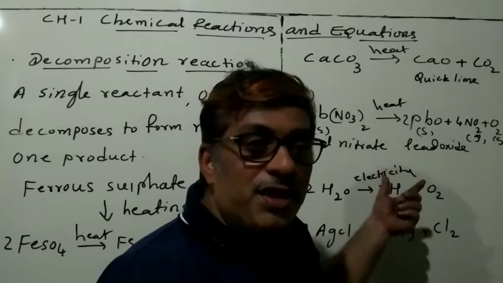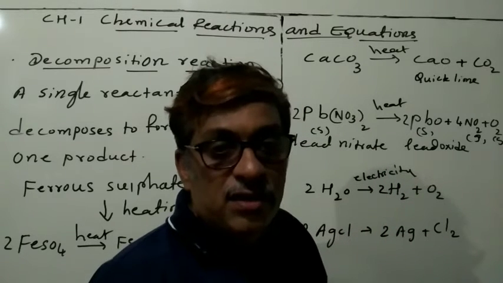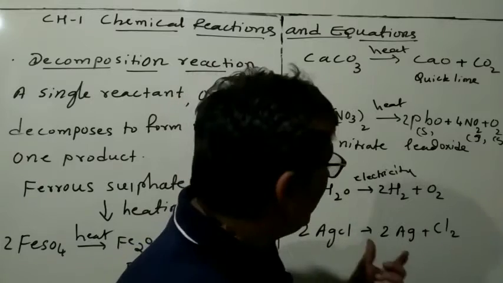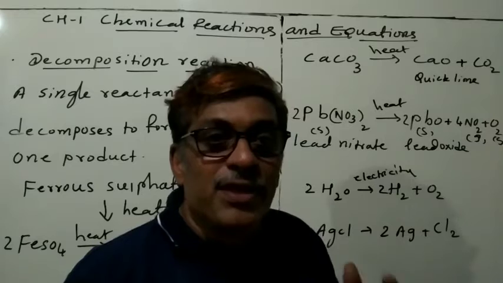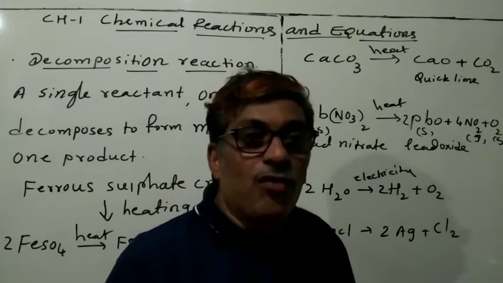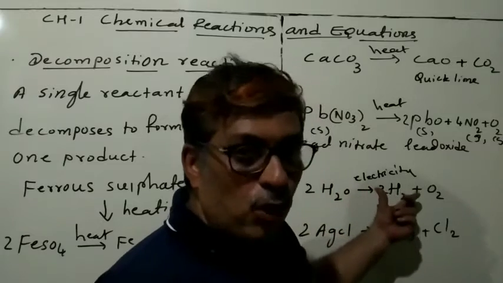But this decomposition is carried out by the electrolysis process, by electricity. That is why it is called electrolysis. Electro means electricity, lysis means breaking. By the process of electricity, we are breaking the water molecules. That is why it is called the electrolysis process.